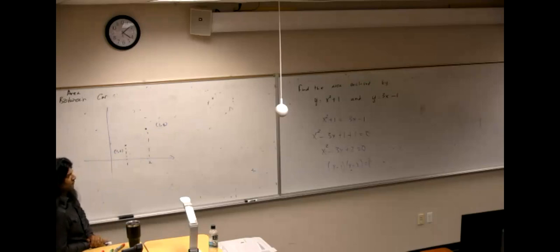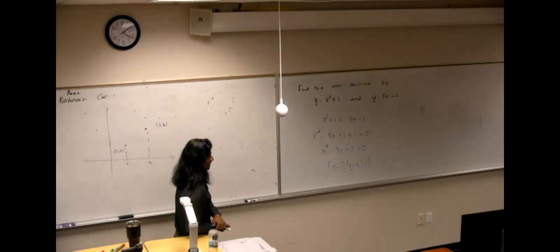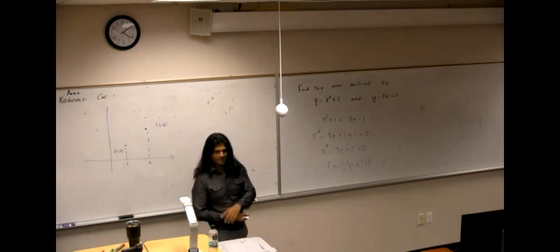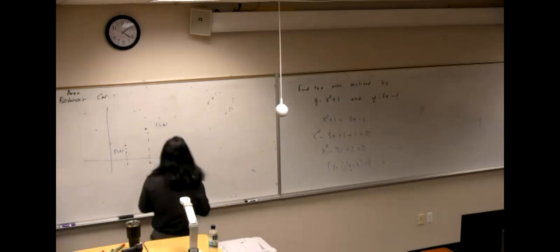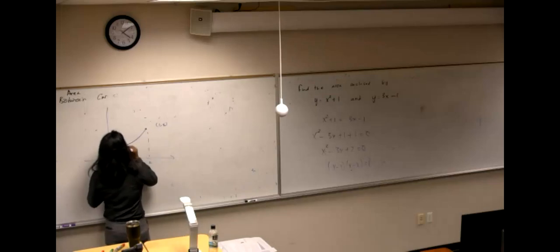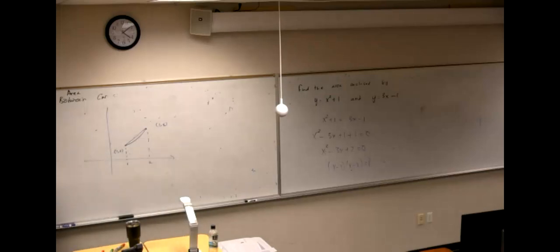What is 9 over 4 plus 1? 13 over 4, okay. 3 point something. 9 over 2 minus 1, which is 7 over 2, definitely bigger than 13 over 4. So the line is on top, the curve is on the bottom. Good. You can zoom in, do all that magic.